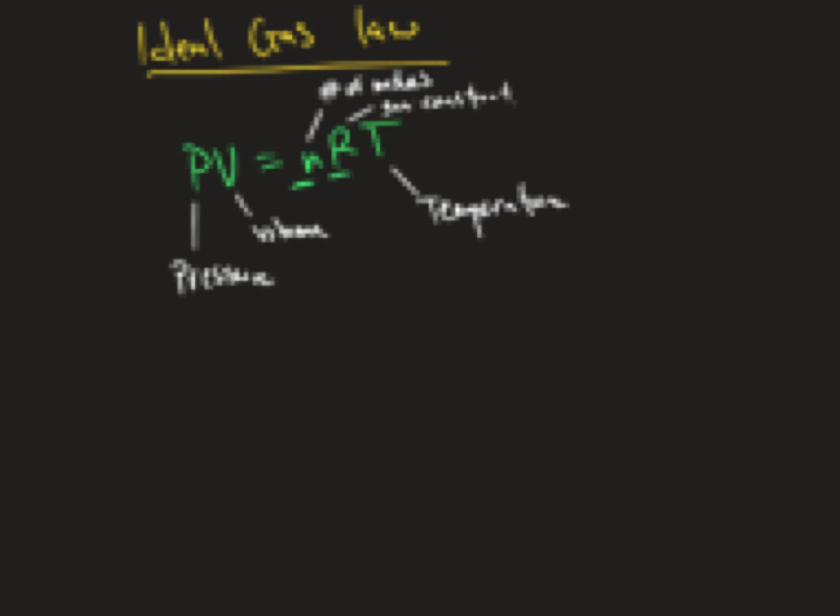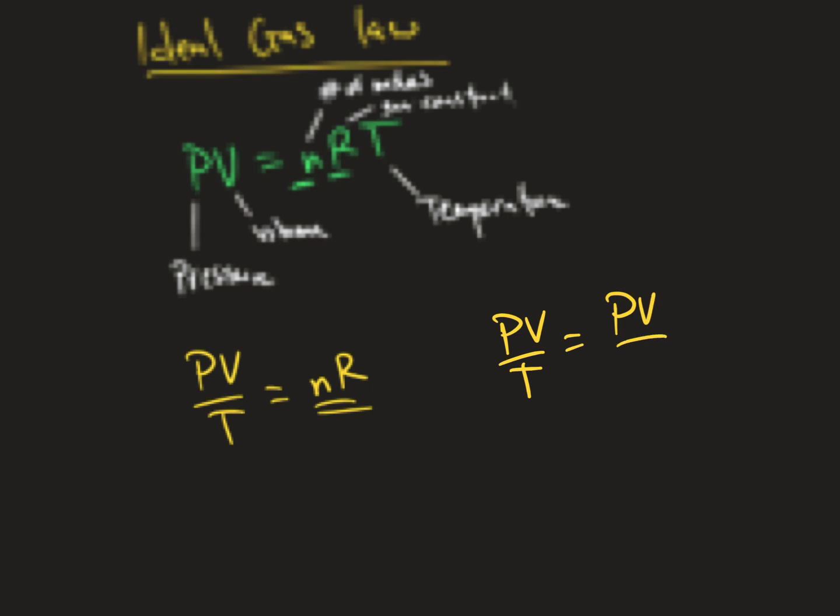So we divide both sides by temperature, and we get PV over T equals our constant. Are you with me? Divide both sides by temperature, and then I get this, right? Well, if this is a constant, then we got PV over T equals PV over T. Well, sure, but we can put a 1 right here and a 2 right here. And this is our combined gas law that we learned from last time.